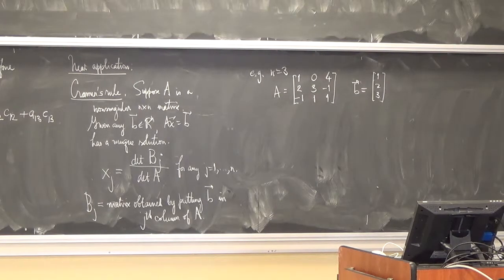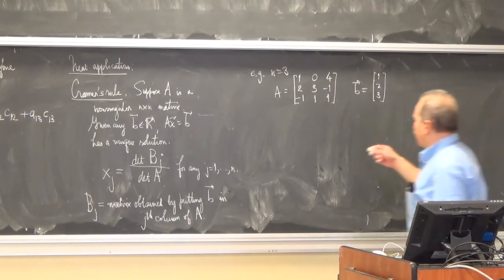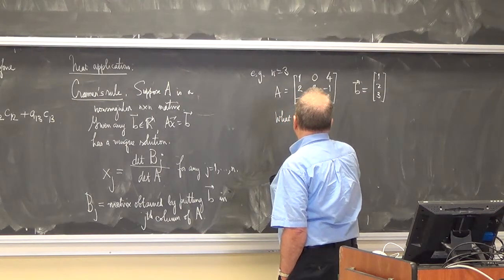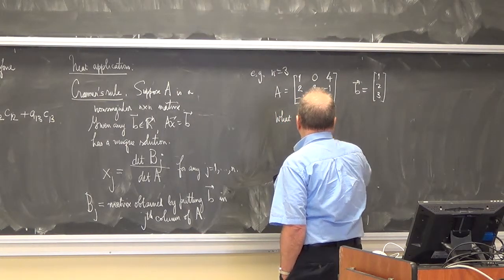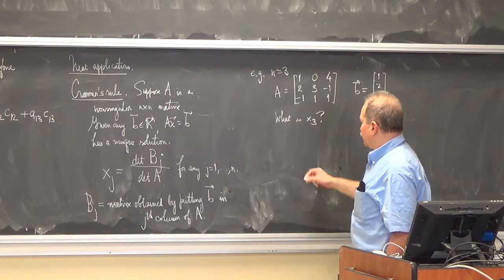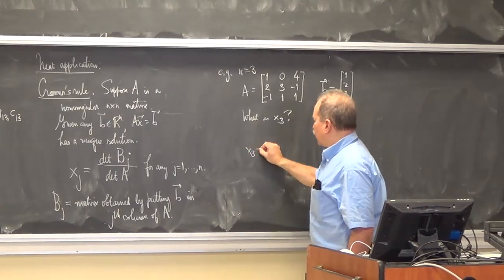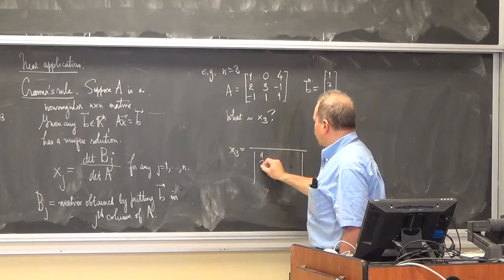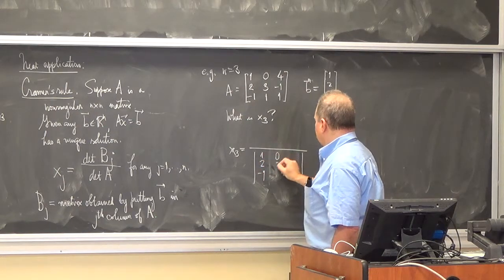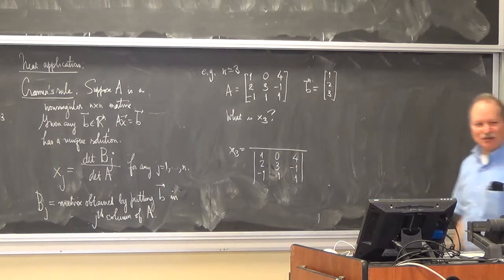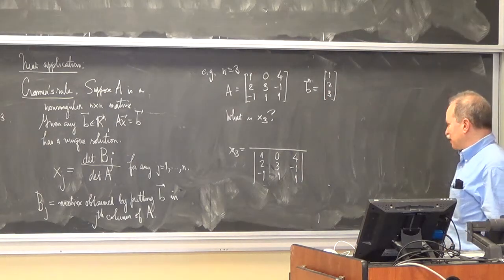We'll find out in a minute if I screwed that up. And I ask you, what is x sub 3 if you're solving Ax equals b? Well, by Cramer's rule, I would figure out what the determinant of A is. Presumably it's not 0 if I have a non-singular matrix. Has anyone checked what that is?